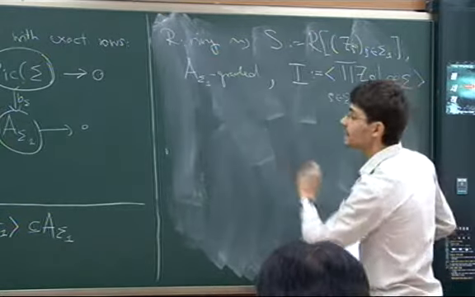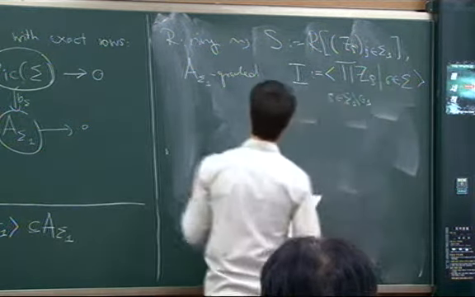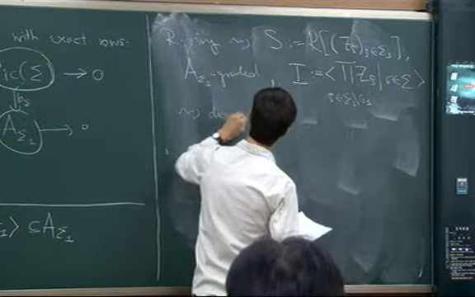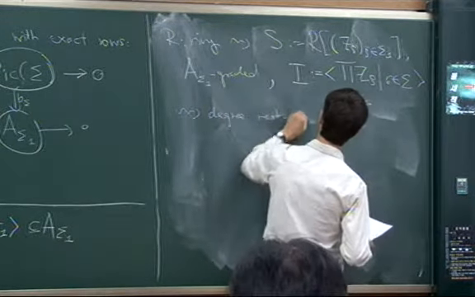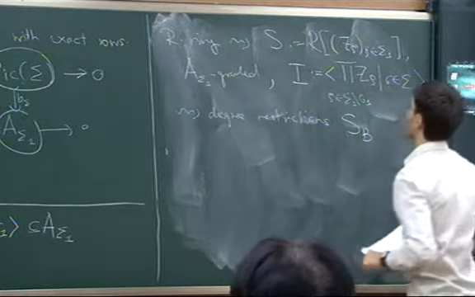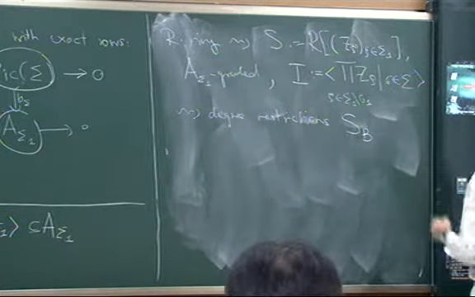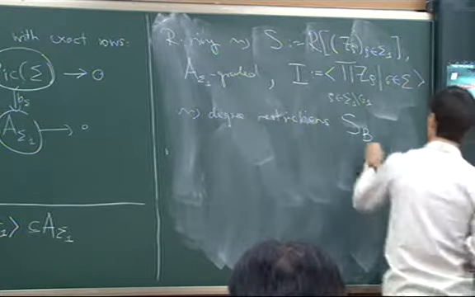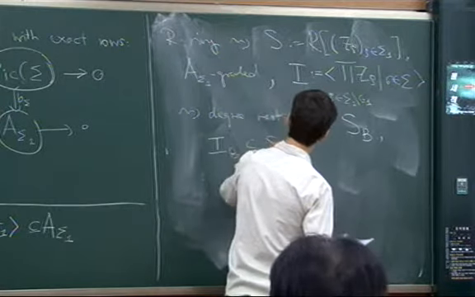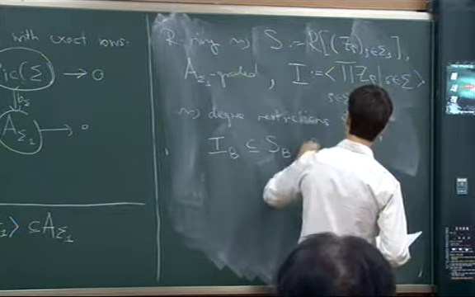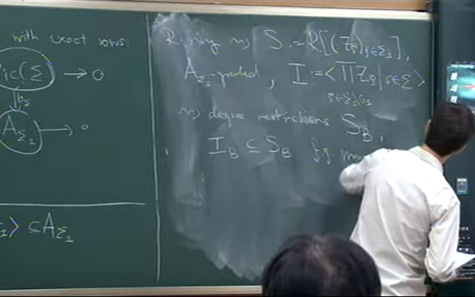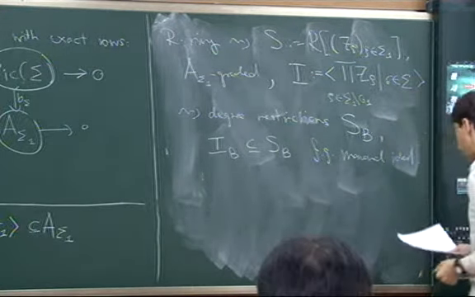And now we have chosen the subgroup B. And what we usually study are degree restrictions to B. So we have an R algebra, a B-graded R algebra SB, and well, this is still a finitely generated monomial ideal in SB.